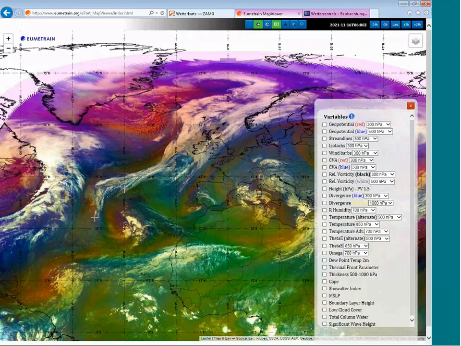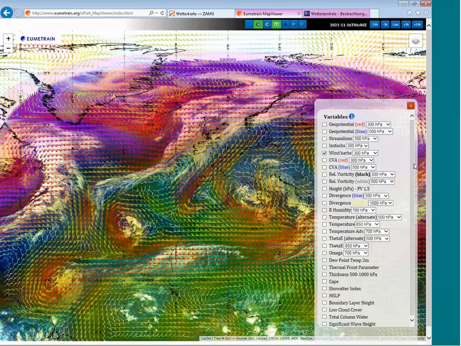If we have a low that turns counterclockwise, and we have here the trough, which moves air in this direction, we have some field where the air is moving in that direction, in the northeastern part, and in the southwestern part, it's moving in the opposite direction. And if we go to the wind barbs, we will clearly see that here in 300 hectopascal, the counterclockwise turning around the low, and here the trough movement.